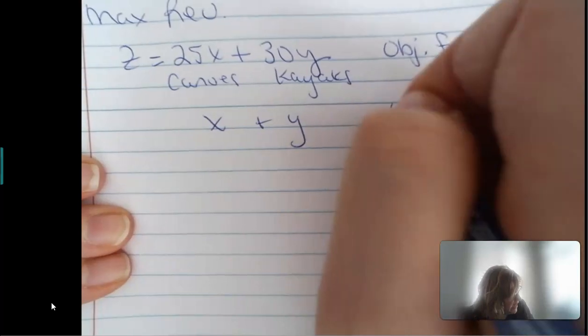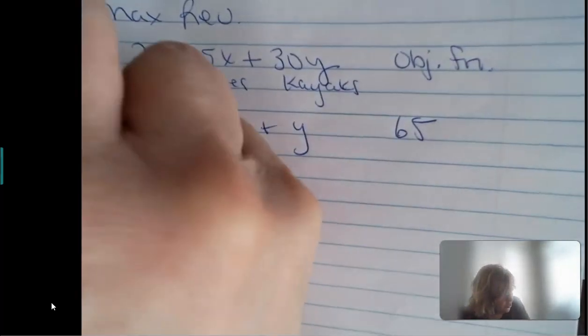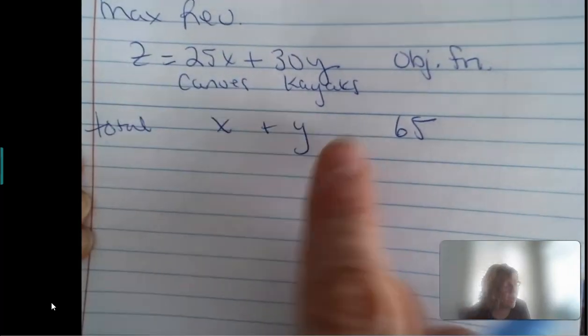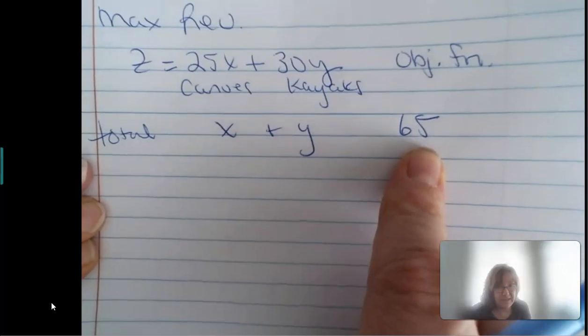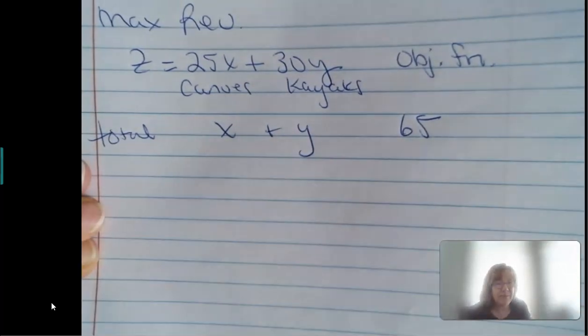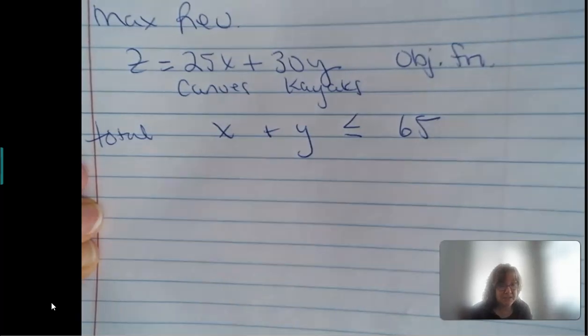Now, I can't use equals 65, because that's not reality. He doesn't have to buy exactly 65 of these things. He could buy less than or equal to 65, because he has storage for up to 65. So x plus y is less than or equal to 65.